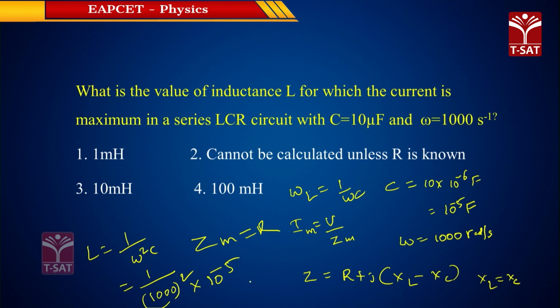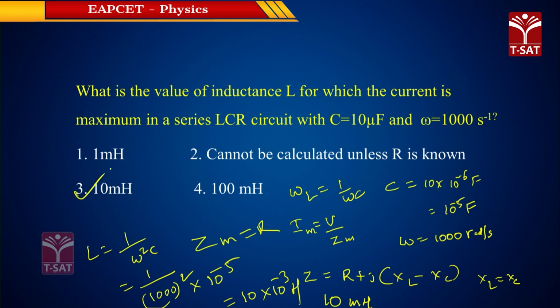Simplify them, and this value is equal to 10 into 10 to the power minus 3 henry. 10 to the power minus 3 is milli, therefore 10 millihenry. Therefore the third option is correct.